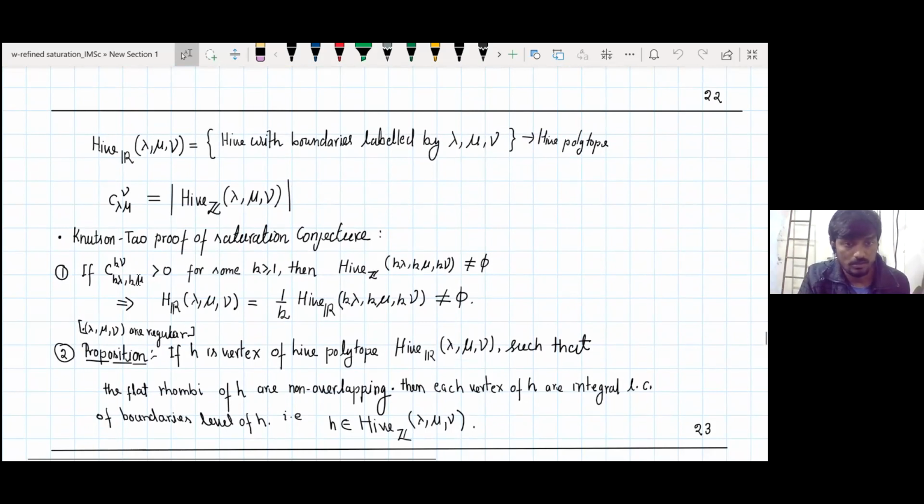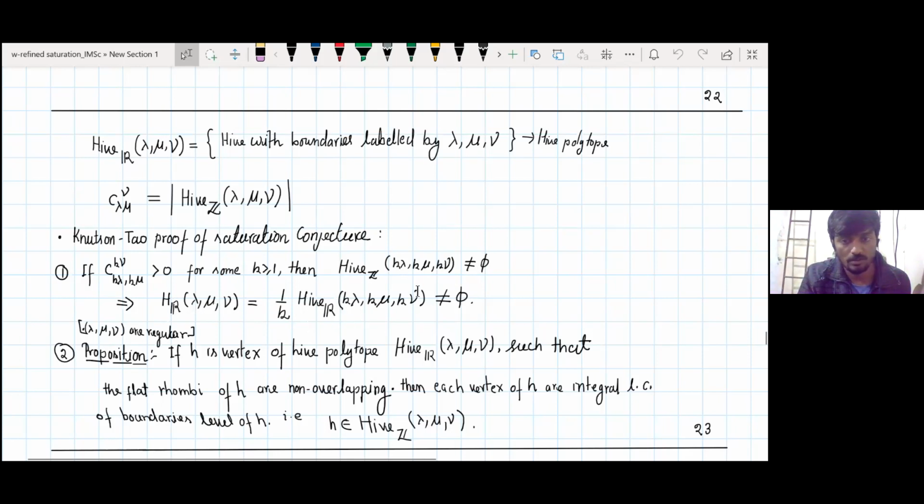They show that if c of k lambda, k mu, k nu is bigger than 0 for some k, then this integral hive is non-empty. If you scale this hive polytope down by 1 over k, it will correspond to lambda, mu, nu.